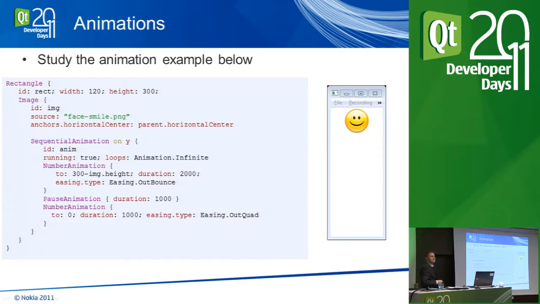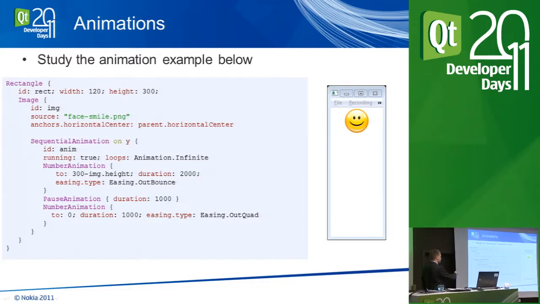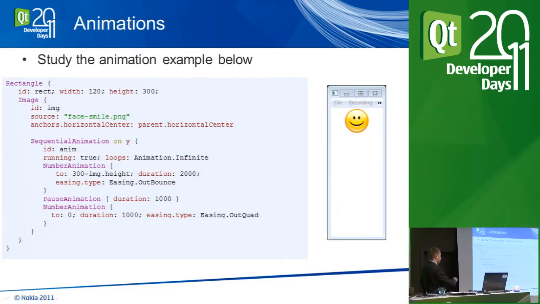The animation is a sequential animation. Inside a sequential animation, we can add a number of other animations. In this case, a number animation, a pause animation, and a number animation.